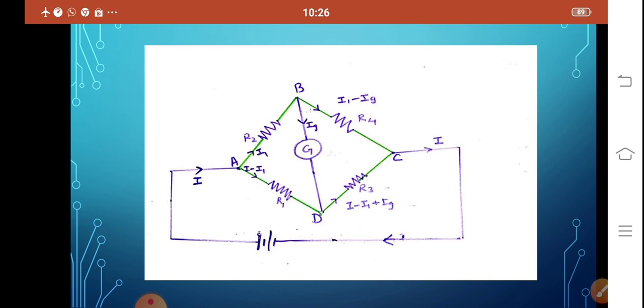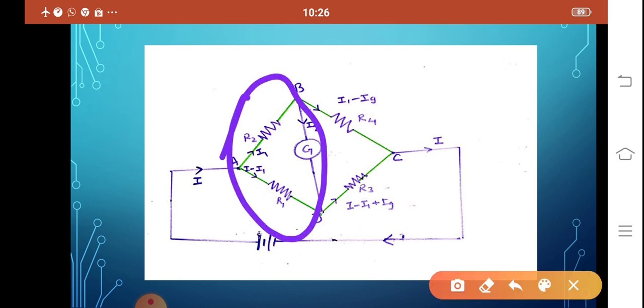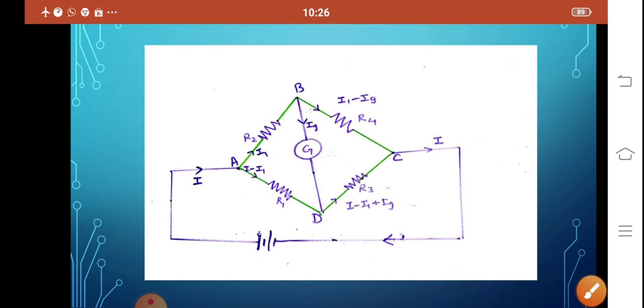So to find out the balance condition, we will take two loops. One loop will be ABDA. And we will use the same consideration of sign convention. In the direction of current, the product of current and resistance will be negative.